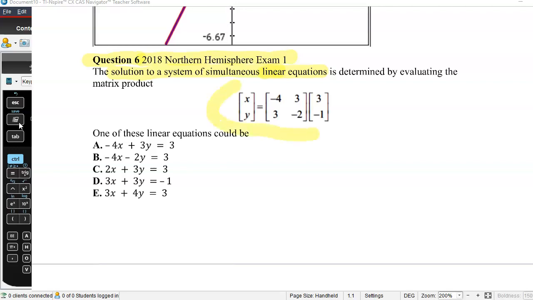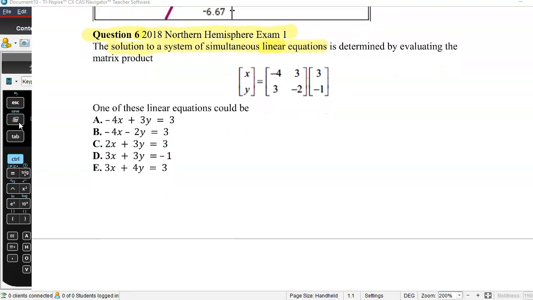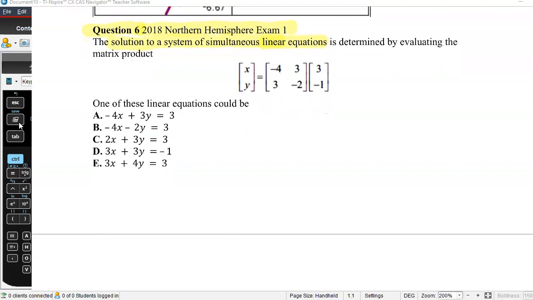So we've already done, found the inverse and done the necessary things to figure out our solution here. But we want to figure out what one of these linear equations could be. So how are we going to do that?